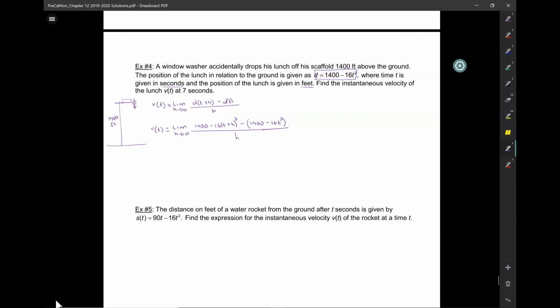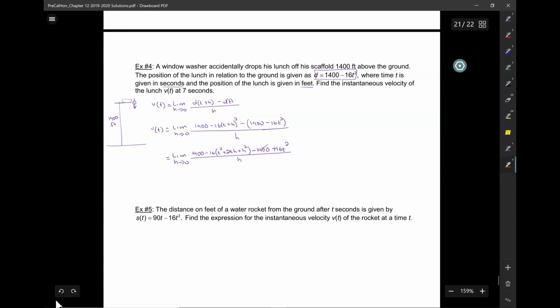Now we need to simplify all of this. So this is going to be the limit as h approaches 0, 1,400 minus 16 times t squared plus 2th plus h squared, minus 1,400 plus 16t squared, over h.